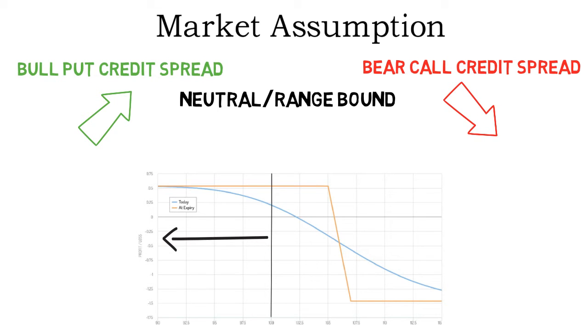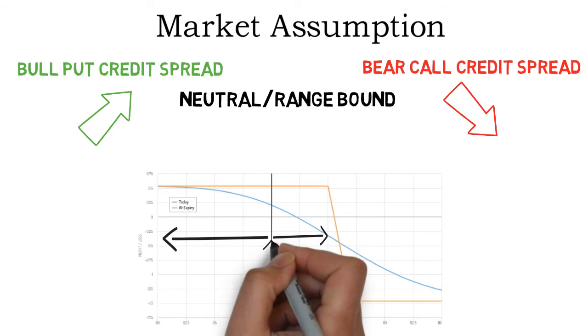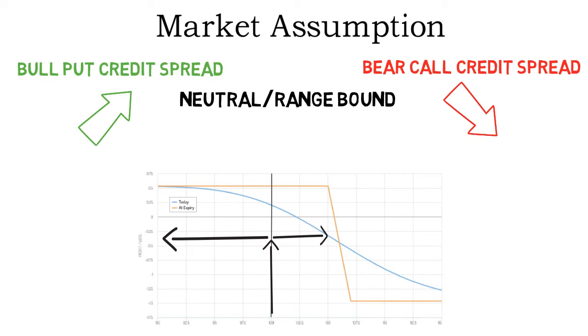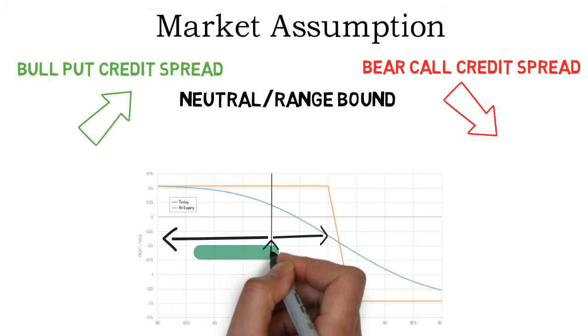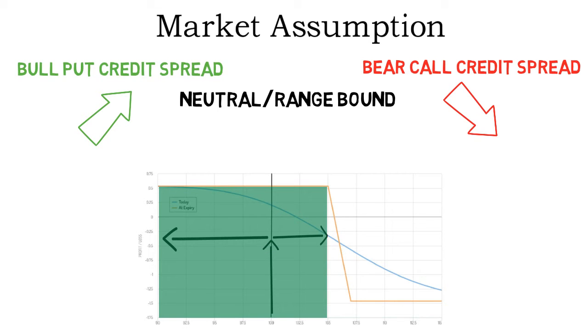But if the price moves up, you can still make money. The price just shouldn't move up and beyond the strike of the short option. Even if the underlying price stays exactly the same, the spread will still end with max profit. This means if the underlying price stays in the green range, max profit will be achieved.